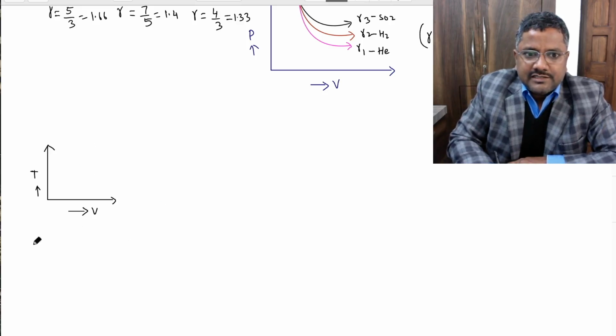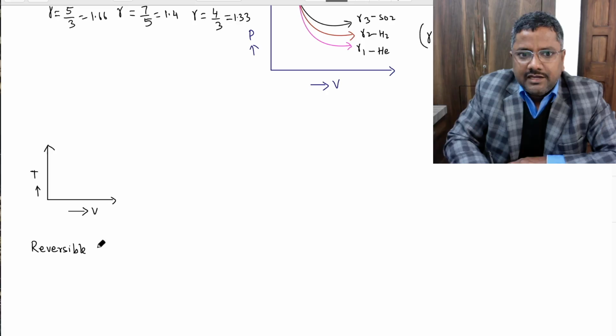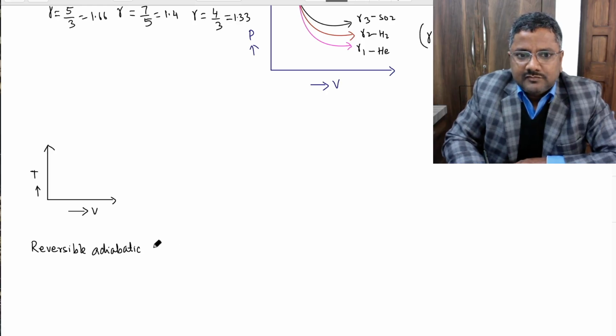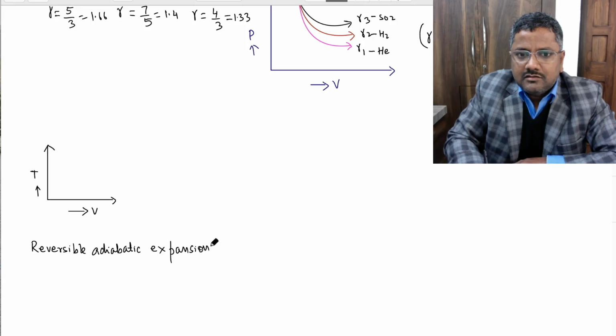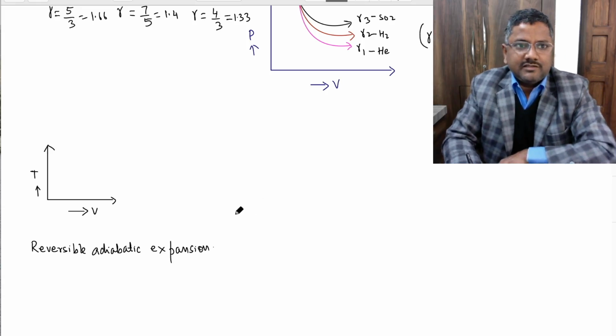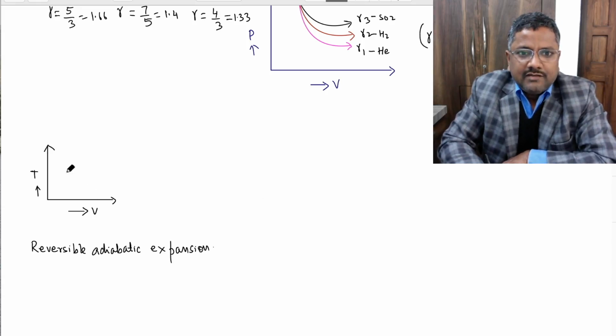So the case is given: reversible adiabatic expansion. Adiabatic expansion means volume is changing.